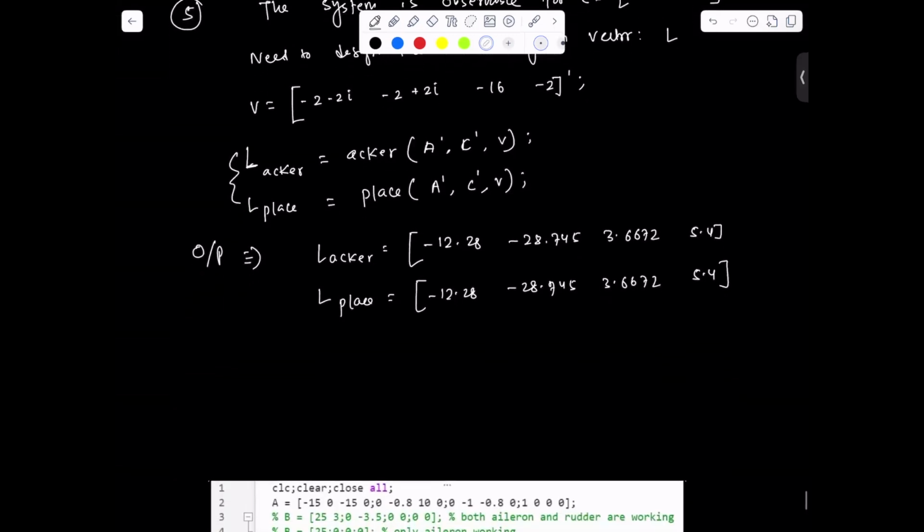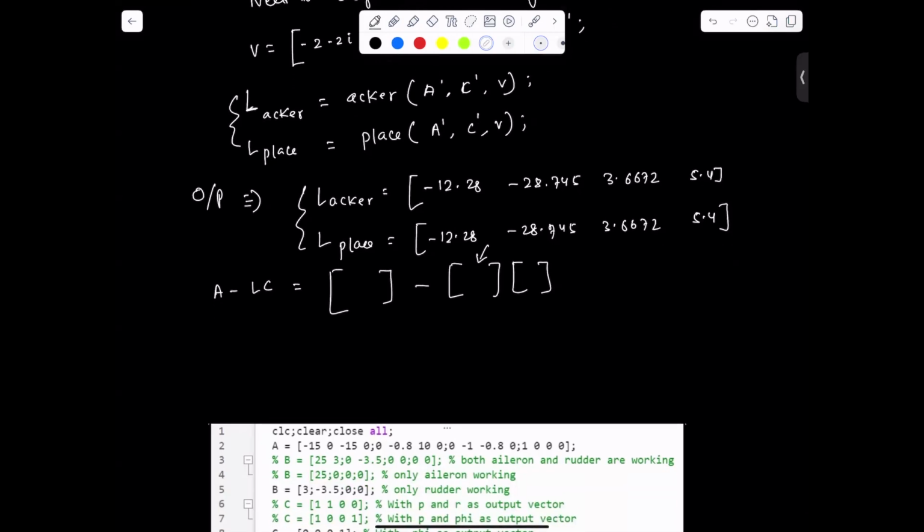Now if you use this observer gain vector, we can find A minus LC, right? A is given to us, already we have. L we just found, this L will come here, and C we already have.